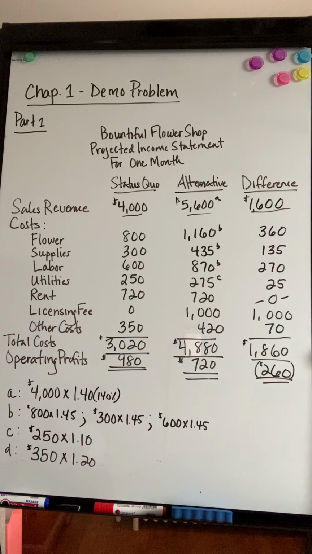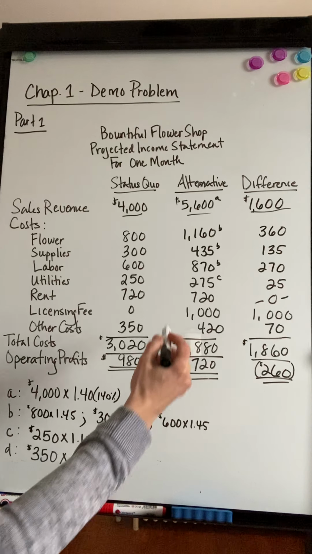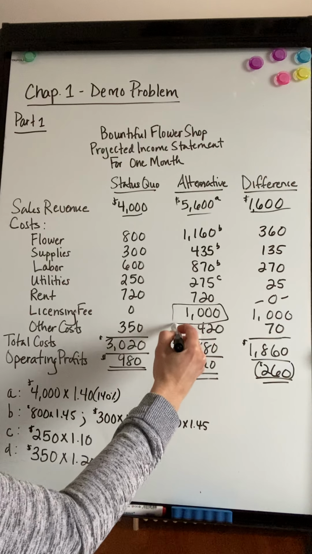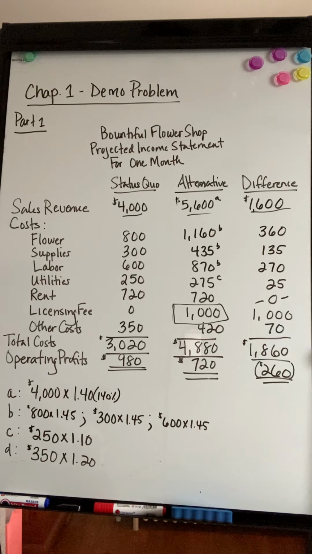Part two says, considering the loss, right, of 260, what licensing fee makes him indifferent between the two choices if he could negotiate? So again, it says, if Jim can negotiate a different term with a national chain, meaning this license fee is up for negotiation, right?